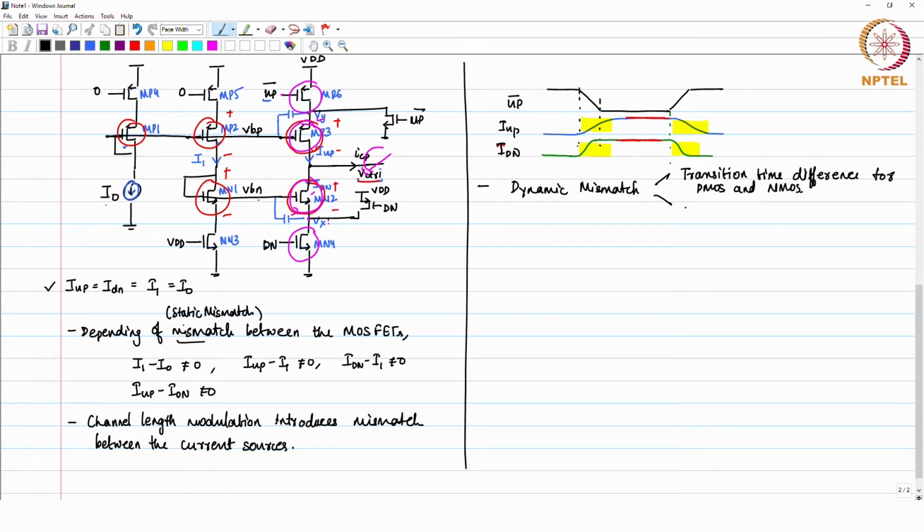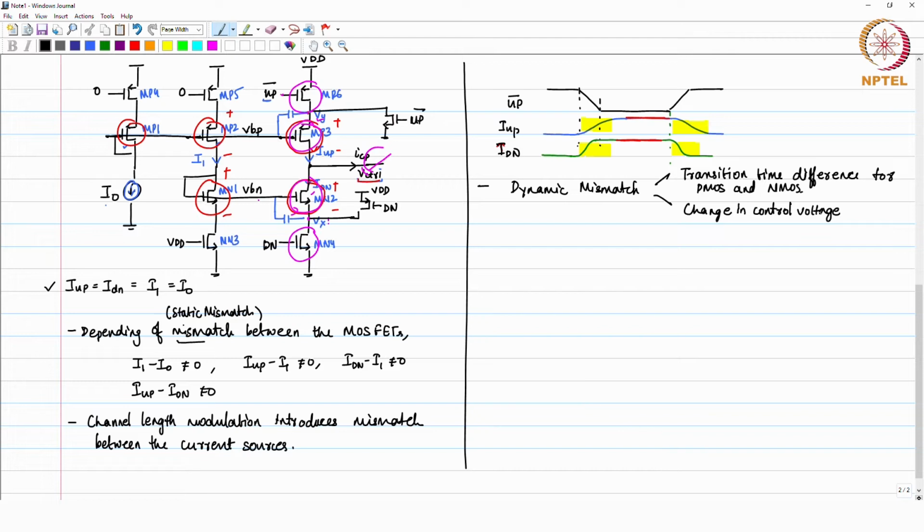Because of the change in the control voltage, which is the control voltage of the oscillator, during the regular PLL operation you will have a difference between I up and I down.